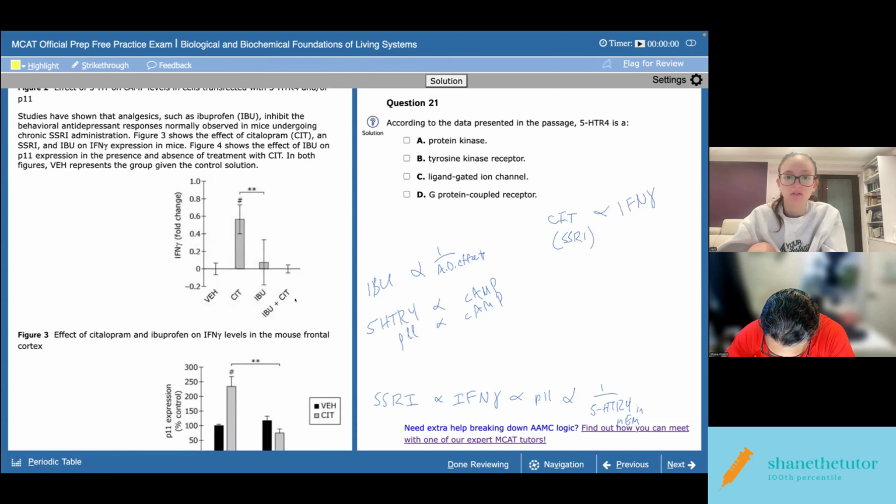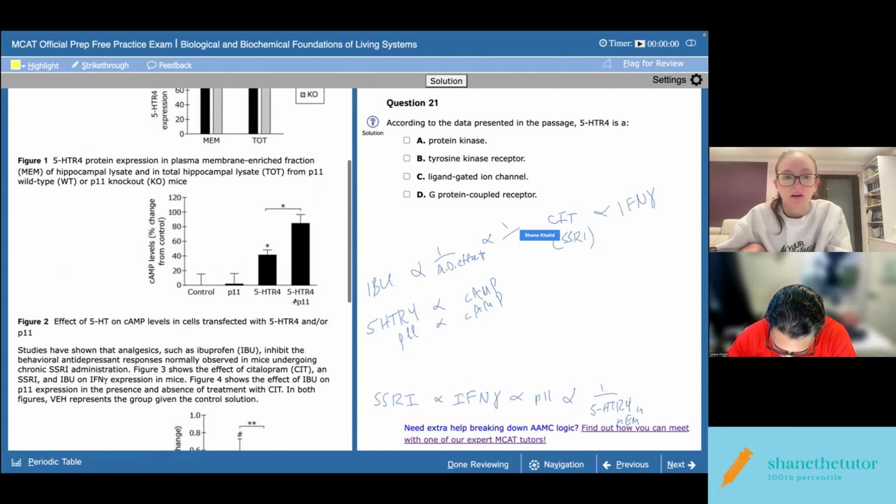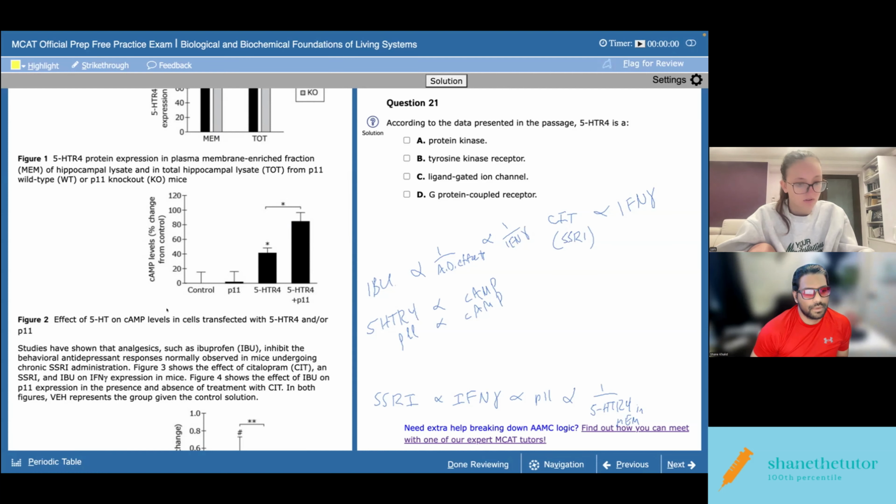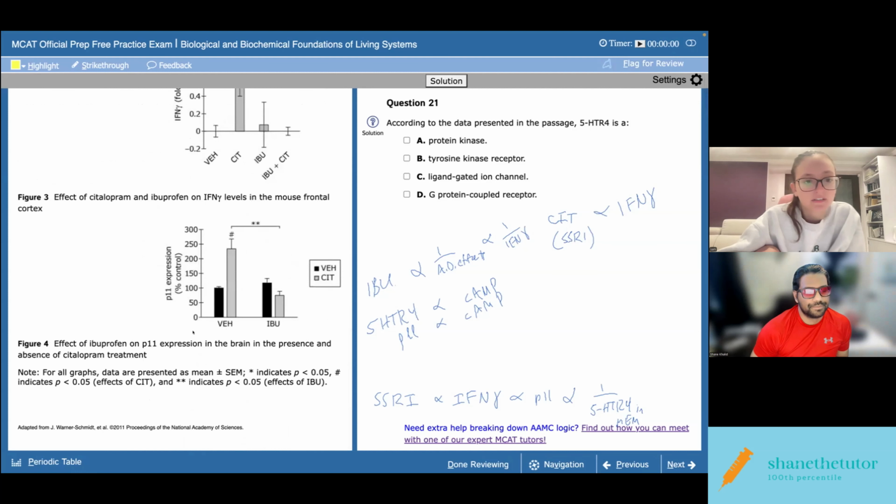So I can add on to this over here, one over IFN gamma. Yep. All right. And then now we have to do the fourth: the effect of ibuprofen on P11 expression in the brain in the presence or absence of citalopram treatment.